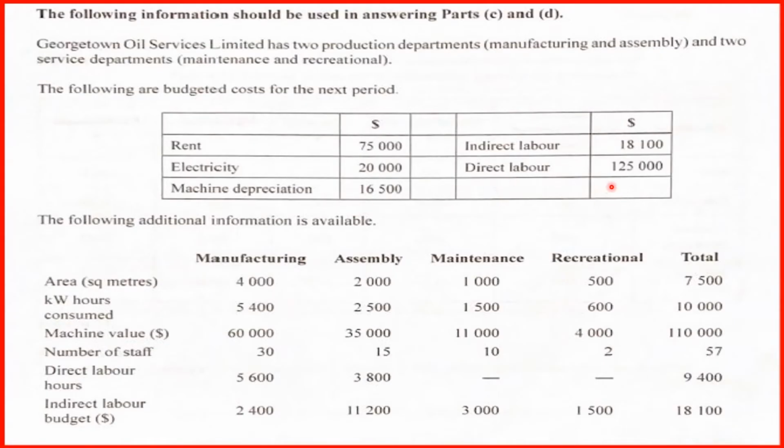Then we are given some additional information for the different departments, like the area, kilowatt hours consumed, machine value, number of staff, direct labor hours, indirect labor. Okay, now let's see what they will have us do with this data.